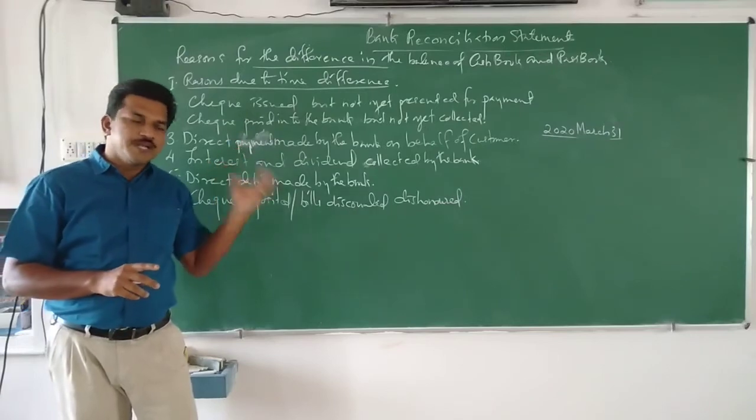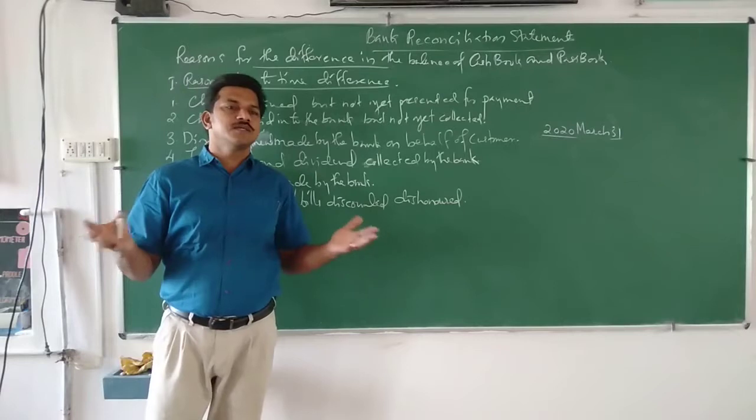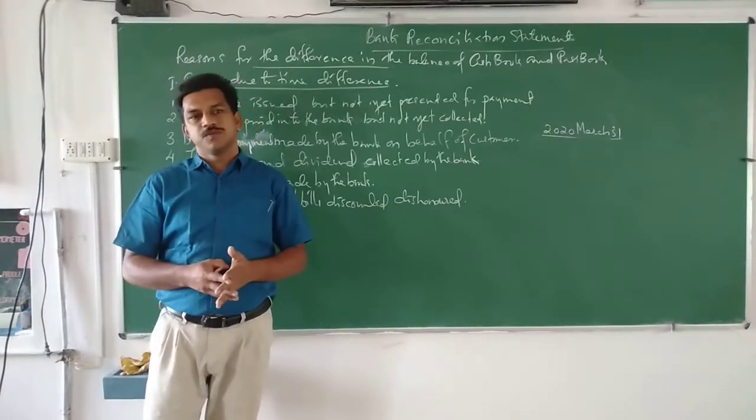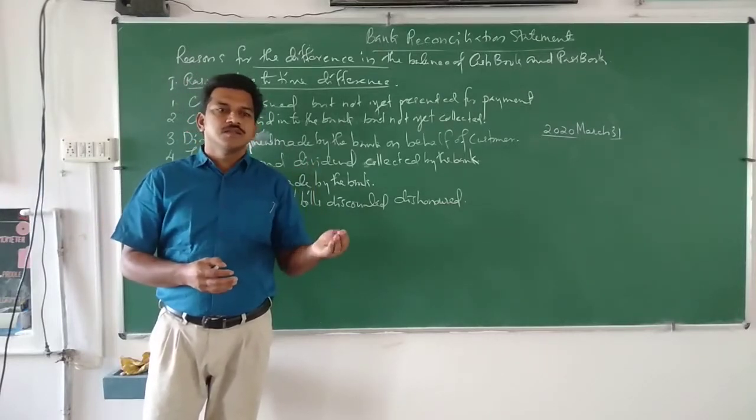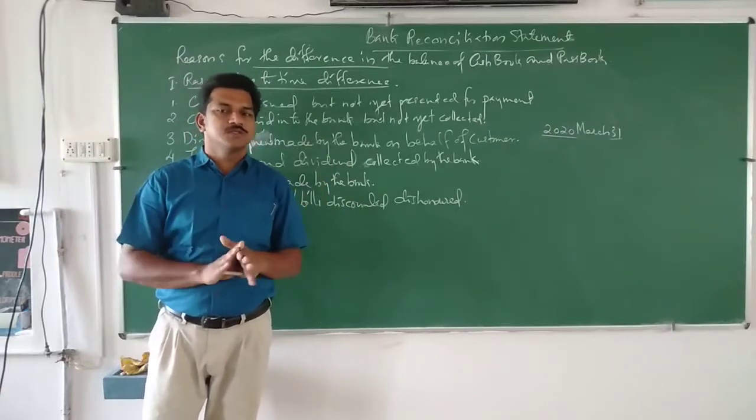Now, when the bank went with the bill to the customer, he says that there is no money. So what will be done? That bill will be called bill discounted, dishonored.